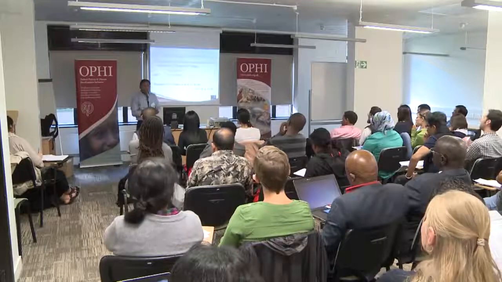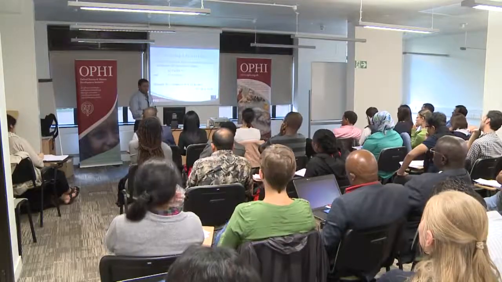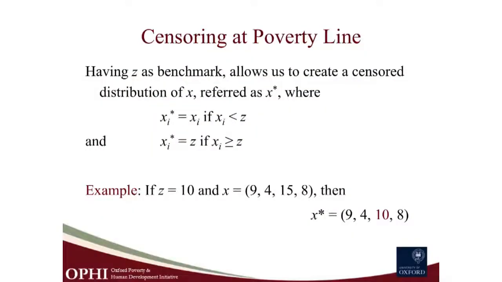Let us take an example to understand it better. Suppose we have this vector which we considered earlier, that means 9, 4, 15 and 8, and suppose the poverty line is 10. So how many people are poor here? 3. So this person and this person. We retain the incomes of these 3 persons.